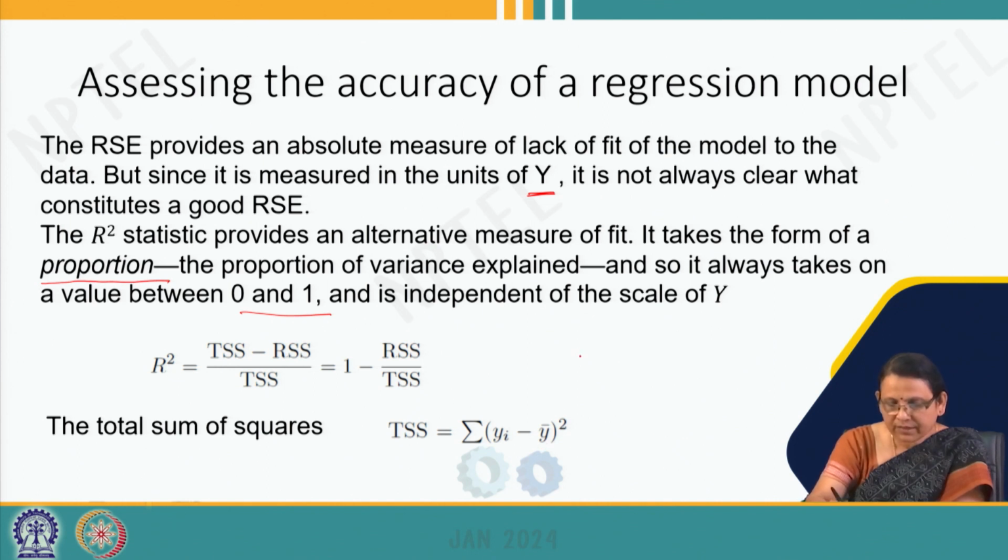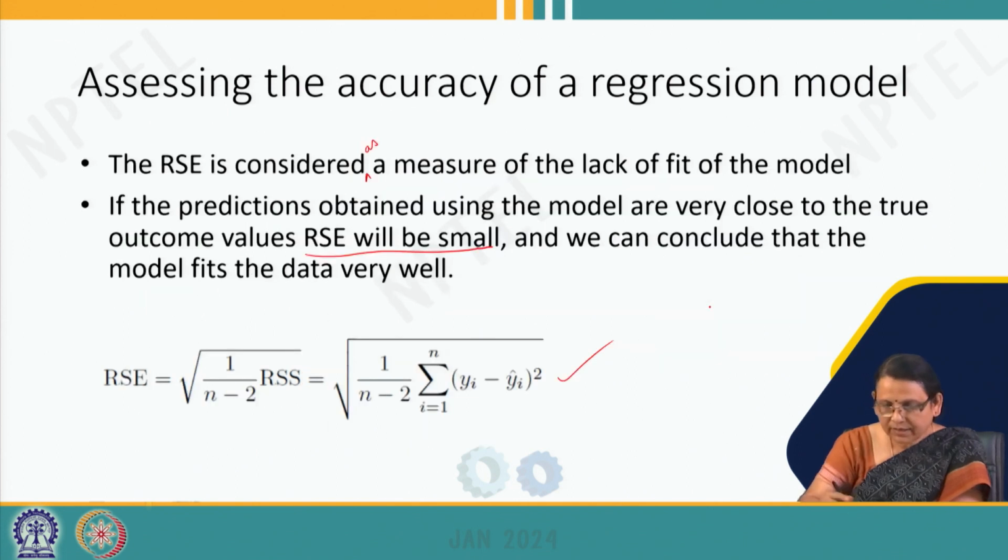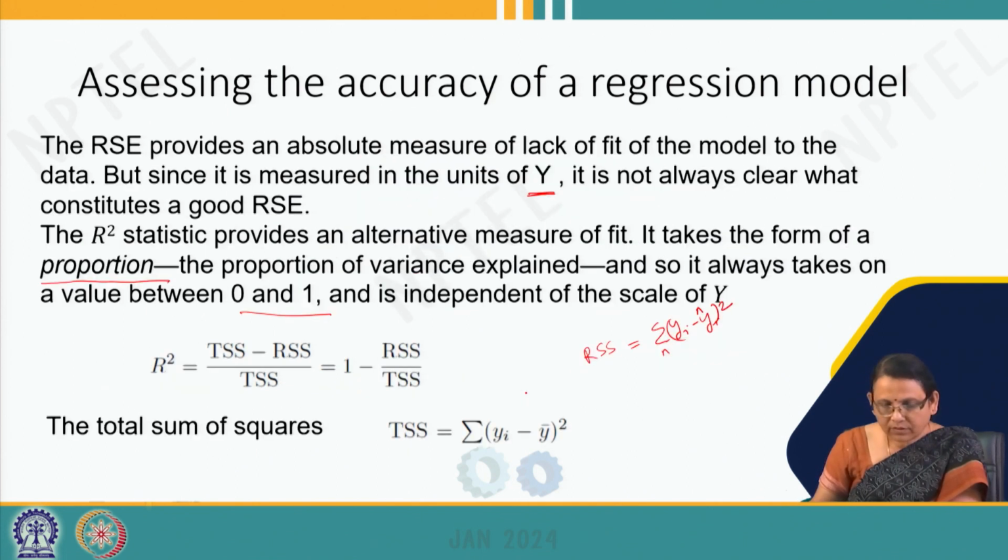Now, when you found this value of RSS, what was RSS? RSS was the sum over all n of yi minus yi hat, whereas when we talk about TSS, it is with y bar. So, what is this y bar? Remember your data set.